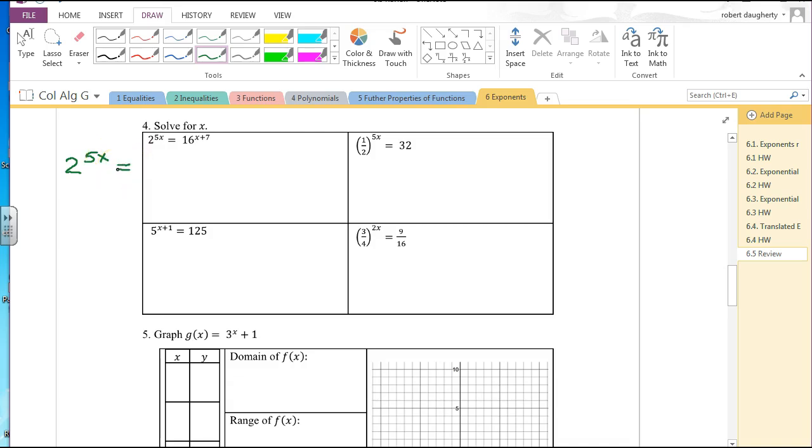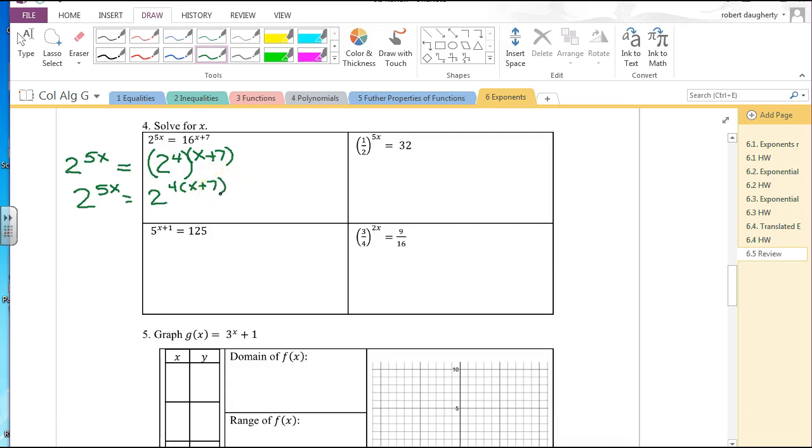My key is when I look at that number 16, can 16 be written as 2 to a power? Well, yes, that's 2 to the 4th. So I've got 2 to the 4th to the x plus 7 power. So this means that 2 to the 5x equal 2 to the 4 times x plus 7.